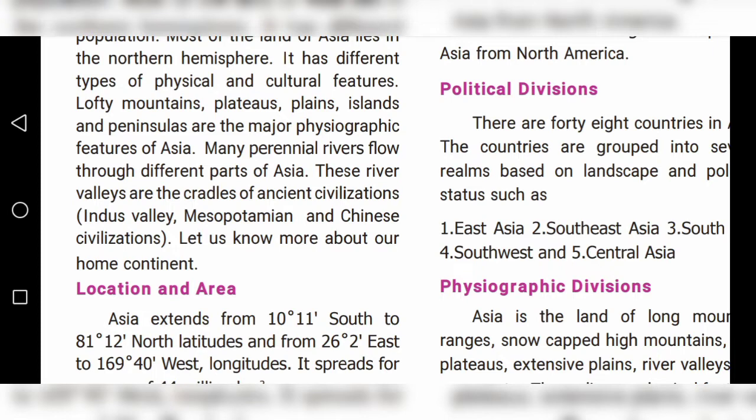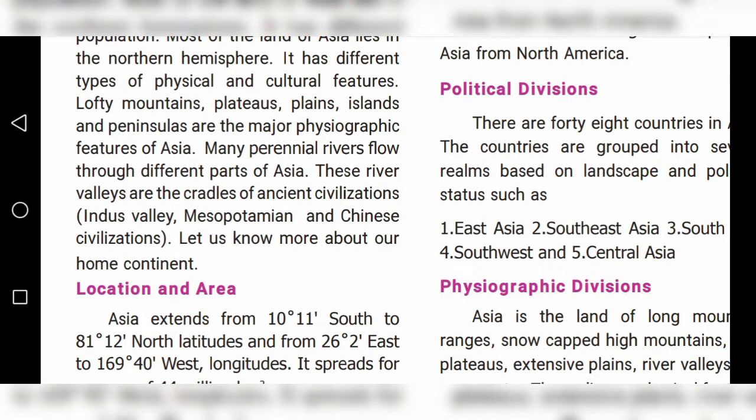These river valleys are the cradles of Asian civilizations. Already we studied in the first and second terms that early people settled near the riverside because water is present in the river throughout the year, and they did agriculture also.